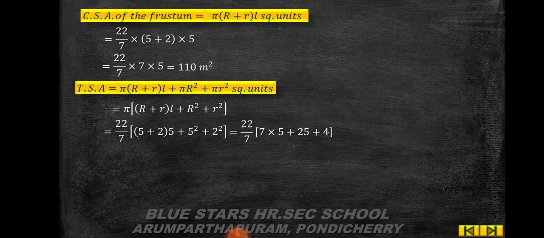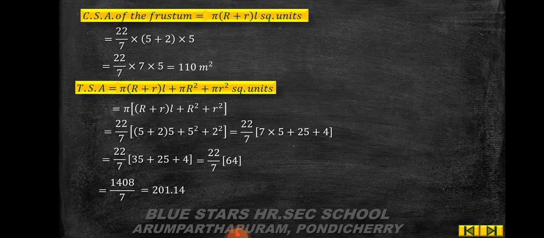So 7 into 5 plus 5 square is 25 plus 2 square is 4, which is equal to 22 by 7 into 7 5s are 35 plus 25 plus 4, which is equal to 22 by 7 into 64, which is 1408 by 7, which is equal to 201.14. Therefore, CSA of the frustum is 110 meter square and TSA of the frustum is 201.14 meter square.